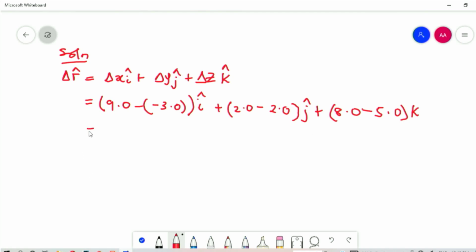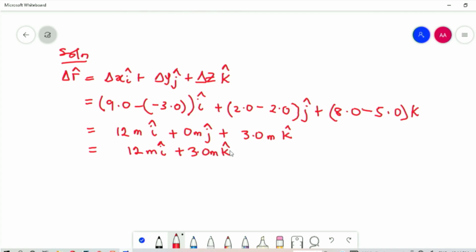This gives us 12 meter i plus 0 meter j plus 3.0 meter k, which is finally written as just 12 meter i plus 3.0 meter k.